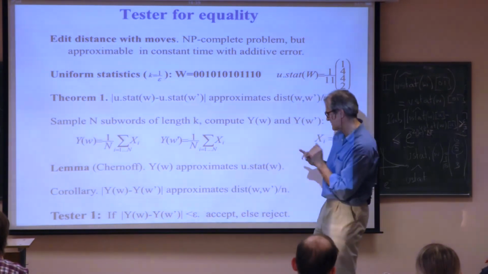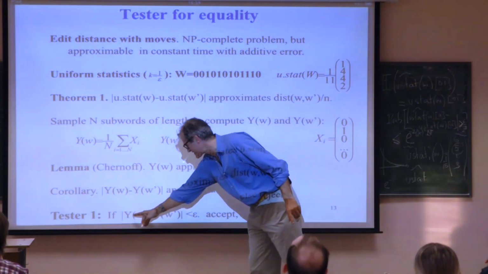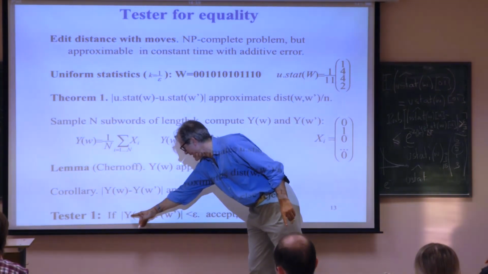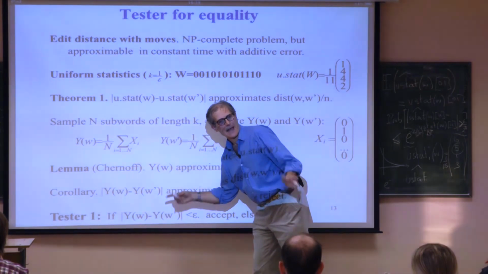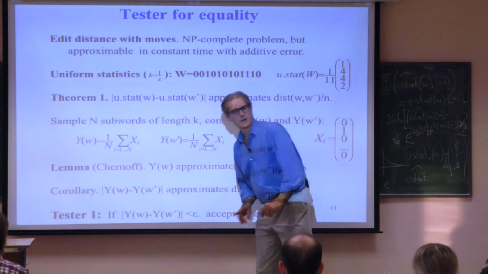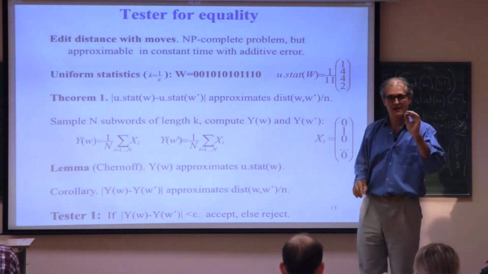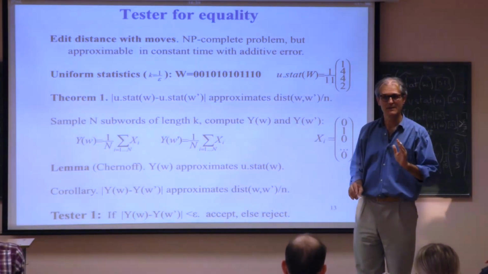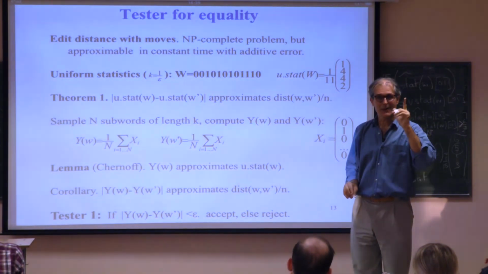So my test will essentially be the following. I sample, I get y of w prime, I take the L1 norm between the two, and I look if it's bigger than epsilon or not. If it's smaller than epsilon, I accept. If it's bigger than epsilon, I reject. Remember, we're doing equality.